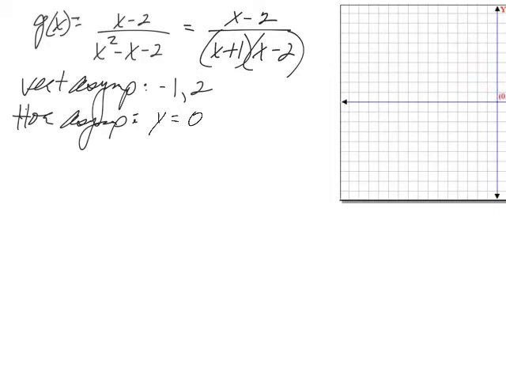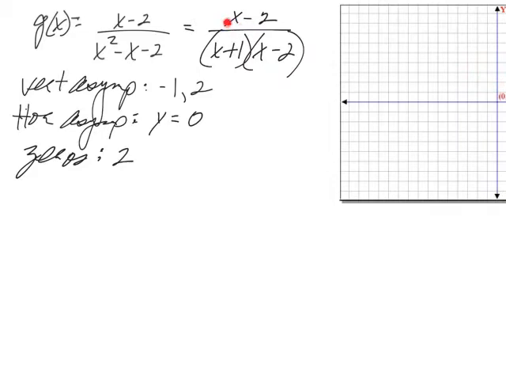Okay, so let's look at zeros of the function. What is going to make our numerator 0? There's only one, and it's the number 2. Now let's look at what happens with the number 2. If we were to put 2 in here, that would give us 0, right?